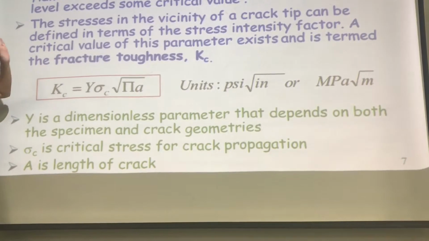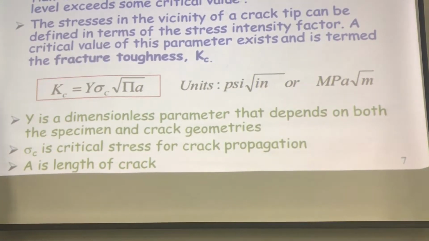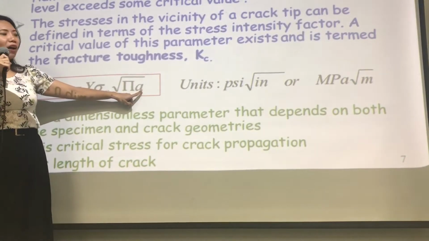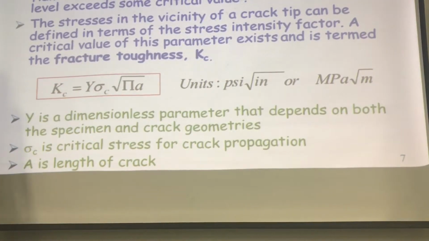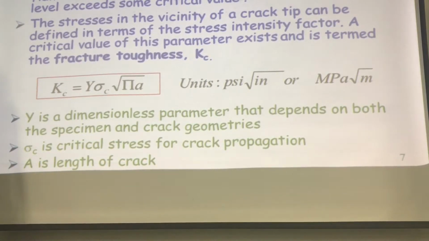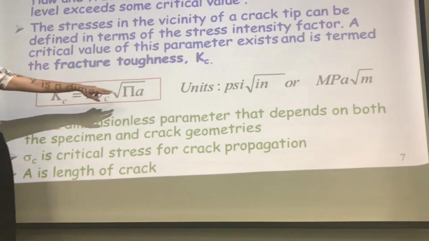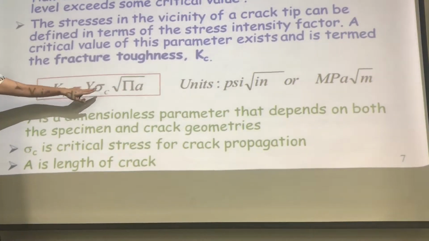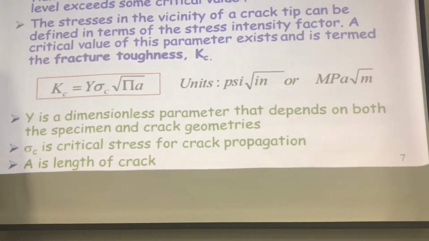So, let's think about this. If I have one kind of material, one property, and I have a longer crack, a large crack size, will it be able to bear high or low stress? Low. Small.